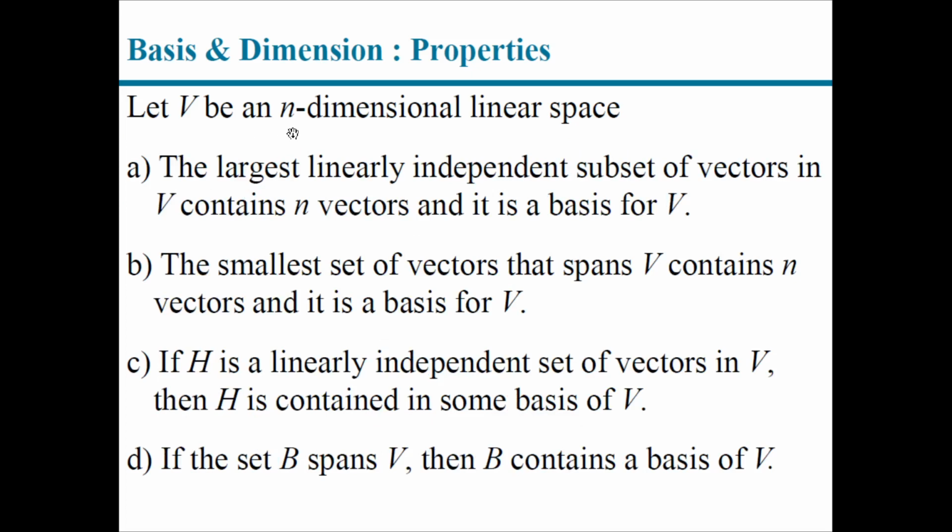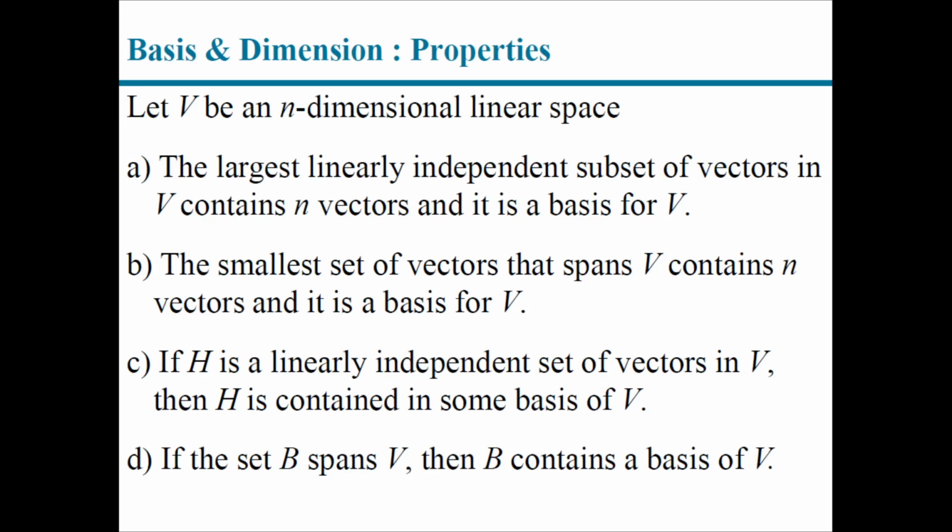Again, I have a linear space of dimension n, so there are n vectors in a basis, that's what it means. And then we say that the largest linearly independent subset of vectors in V contains n vectors, and it is a basis. So this is the same as saying if you have more than n vectors, they are linearly dependent.